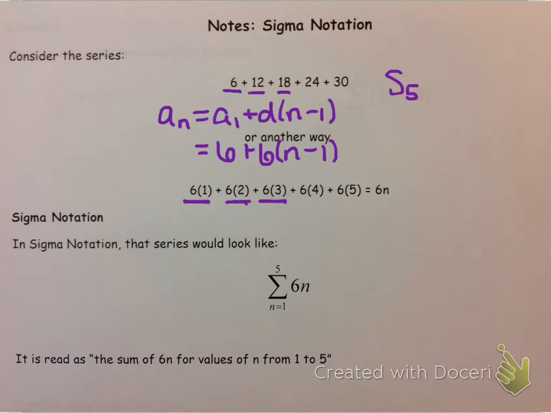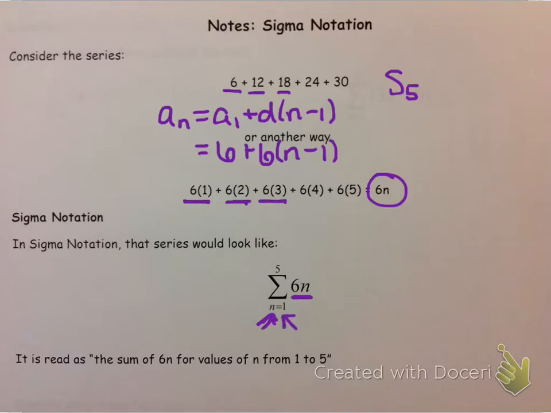Now, the way that we would write this in sigma notation is if you used that pattern to generate the list. So 6 times n would generate the numbers in the list. N tells you the variable that you are using to write your expression. So this variable needs to always match this variable.